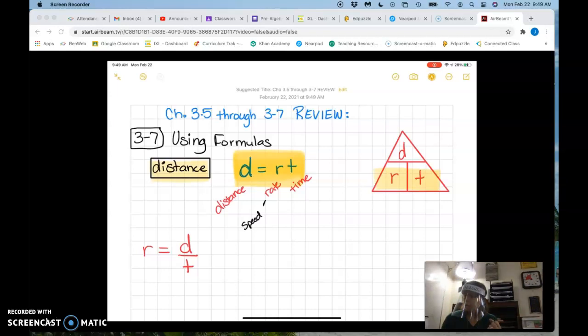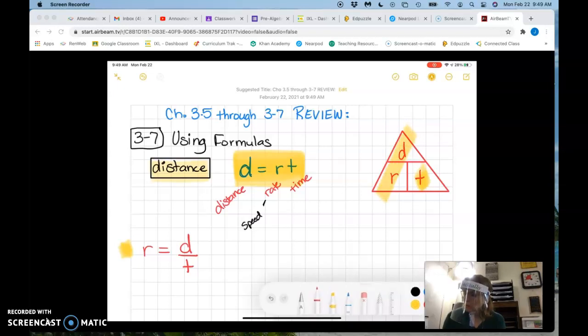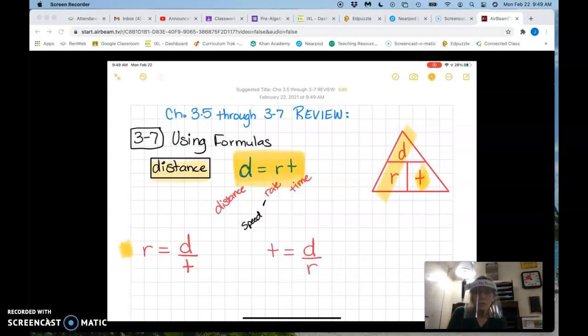Then we can have R equals, which means the D is over the T, and that's the formula that we just wrote right here. And the last one, what do you think it is? T equals. So if I have T equals, it's going to be the D over the R. The distance over the rate or the speed.